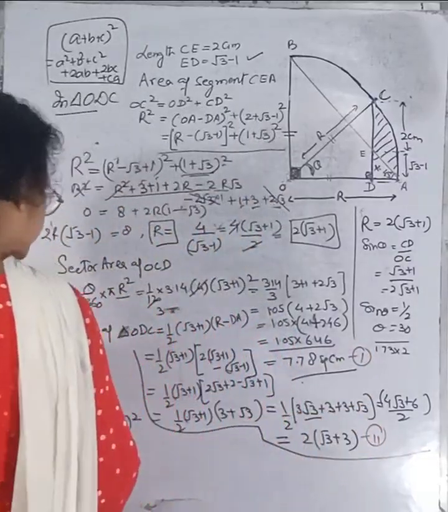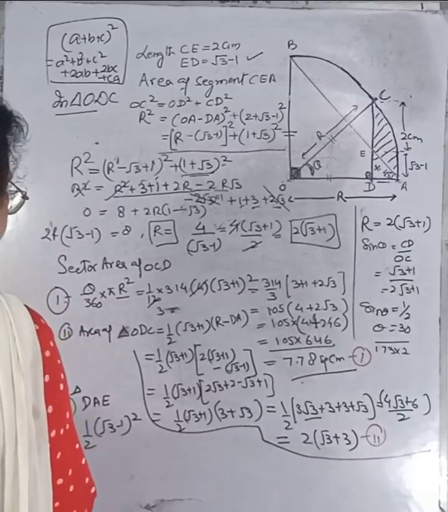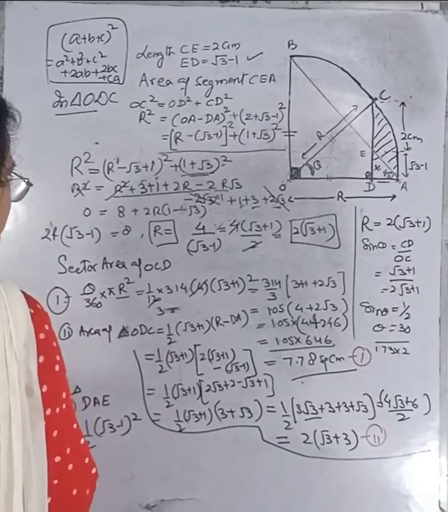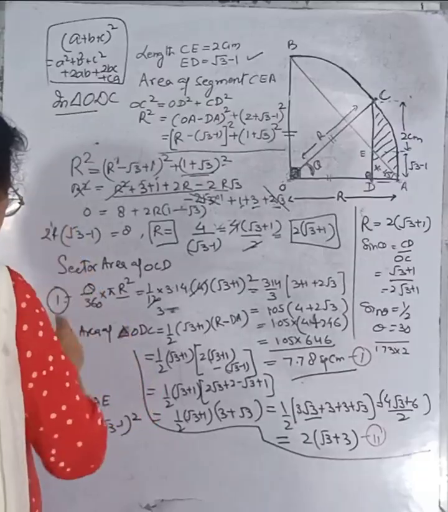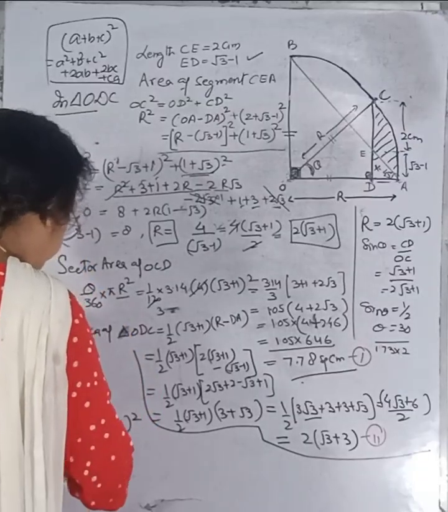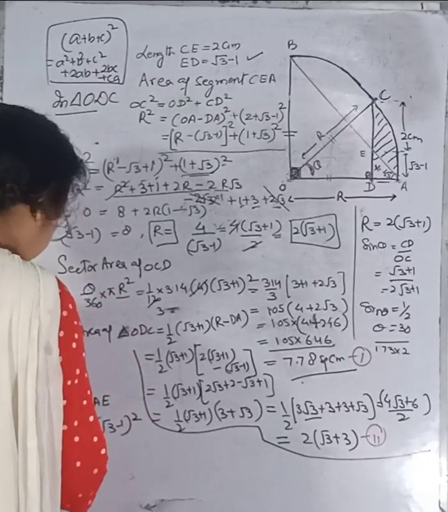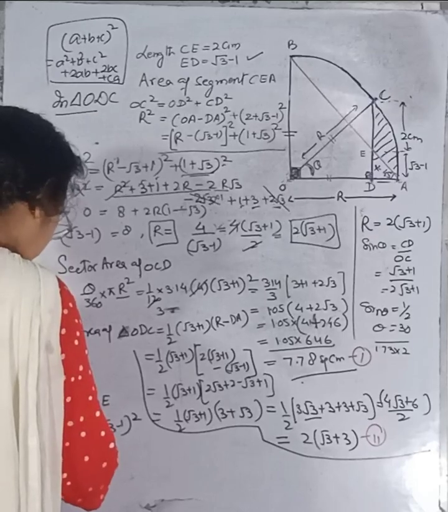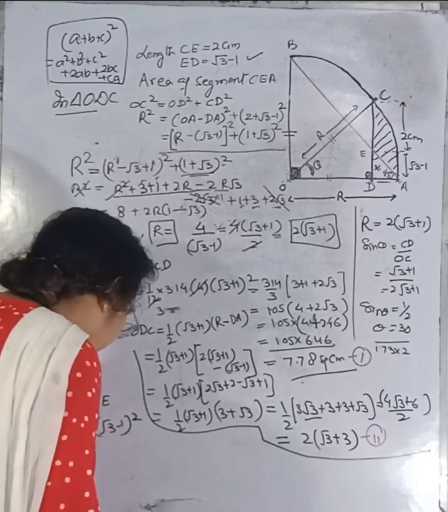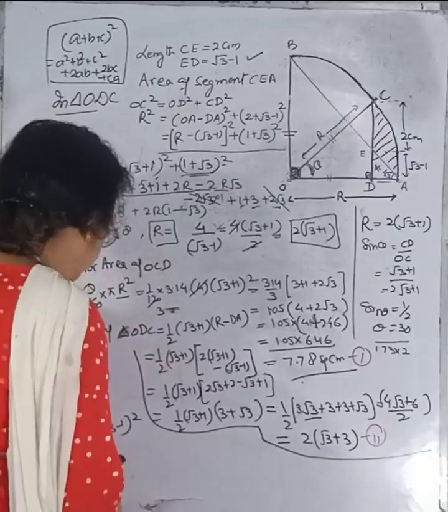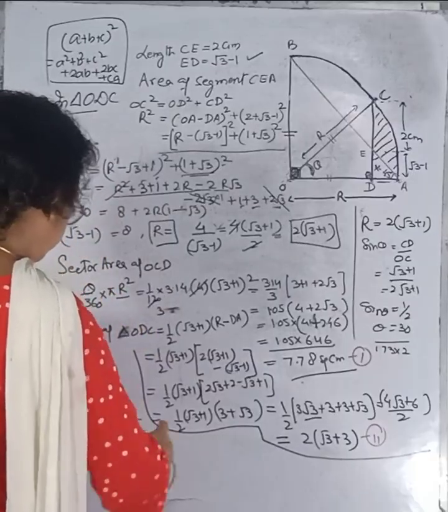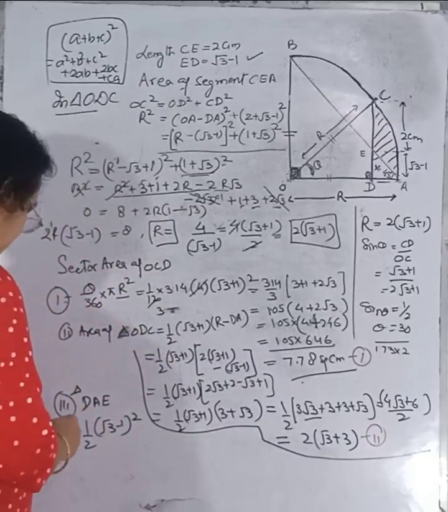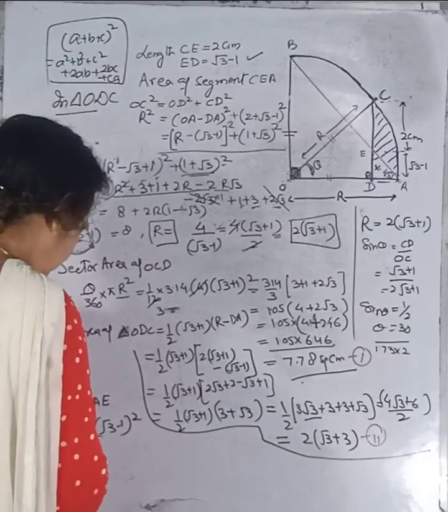Now area number 3. This will be equal to, you are going to calculate it again, 1 by 2, because height and base both are root 3 minus 1. So that 1 by 2 into root 3 minus 1 whole square. Okay.